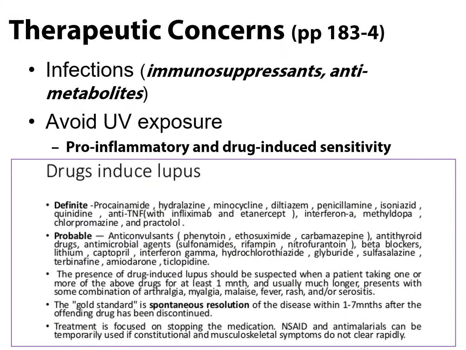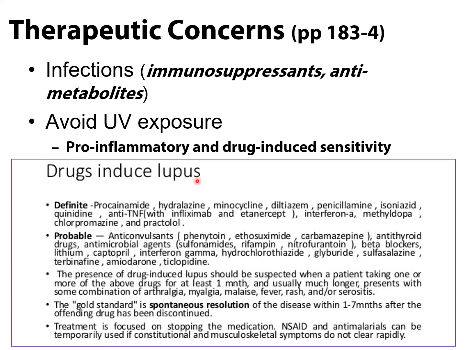The problem with the drugs, again, here are the pages for you to take a look at. With therapeutic concerns of SLE and or Raynaud's, if it's being treated, would be that you're suppressing the immune system or you're suppressing rapidly dividing cell populations. The drugs do induce UV sensitivity, and that can be an issue.